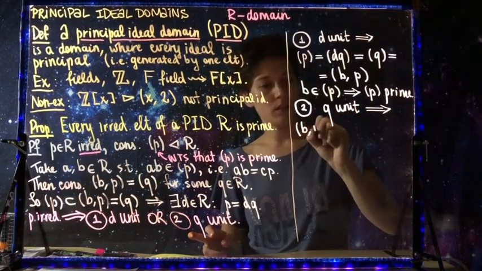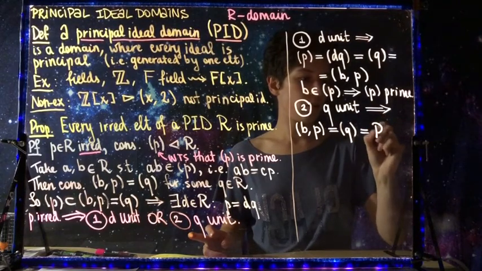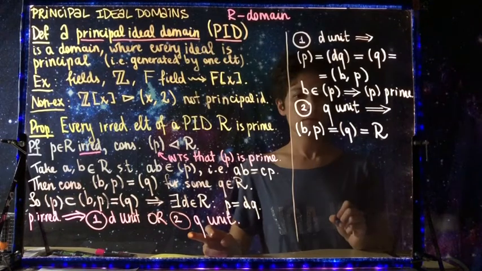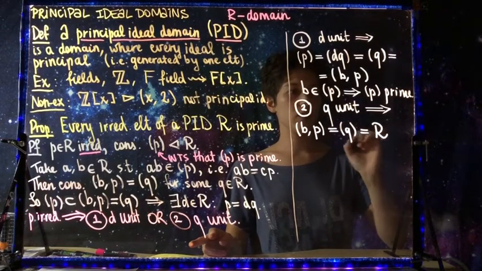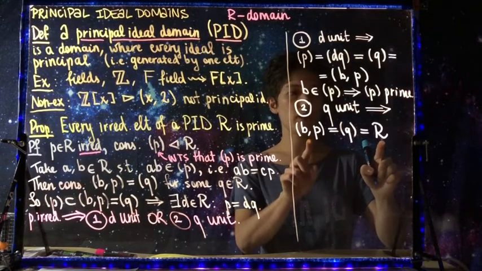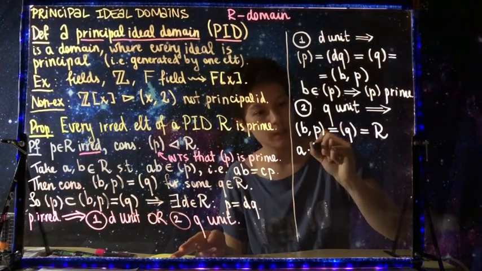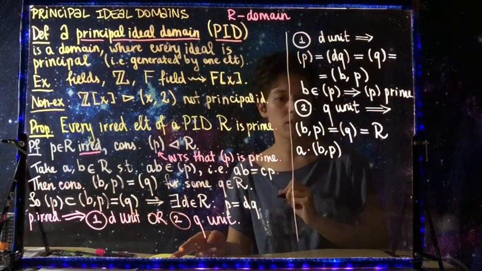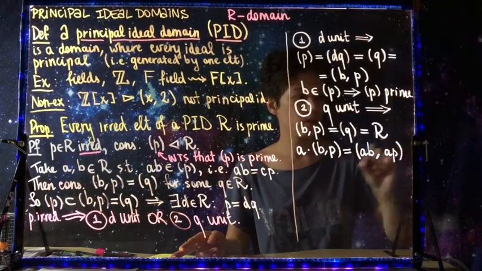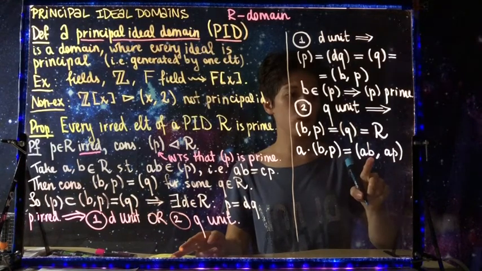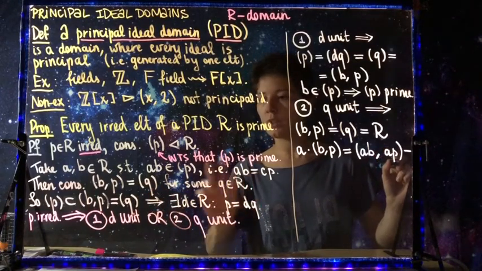So the ideal (B, P), which is the ideal Q, coincides with the unit ideal R. And now we can consider all the elements of these ideals multiplied by A. So we multiply all the elements of this ideal by A. And we get the ideal generated by AB and AP. But AB was in the ideal P.